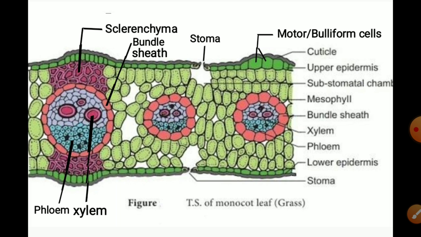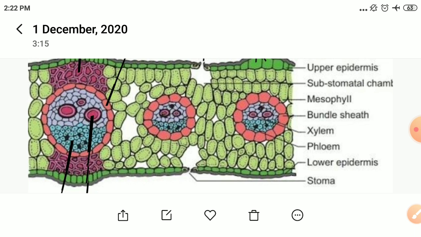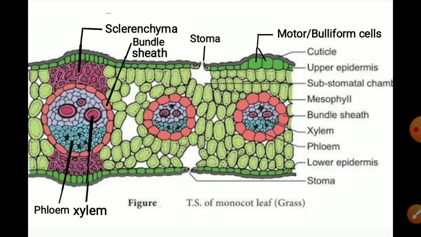So to avoid the burning of the leaf, and due to the less moisture in the soil, placidity of the soil, these motor cells present in the upper epidermis help in protection or rolling of the leaf.